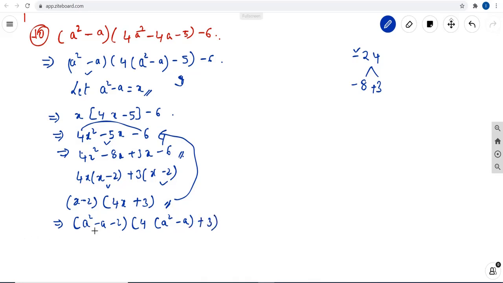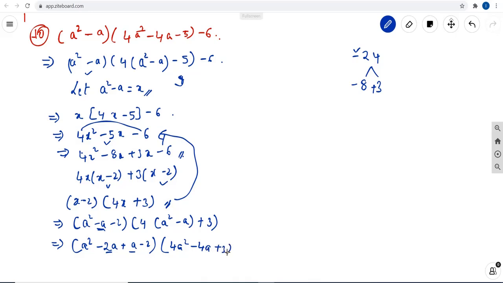Okay, so this minus a, how can I write it? So a square minus 2a plus a minus 2. Okay, because minus 2a and plus a, I'm going to get minus a only. Now this term I will multiply: 4a square minus 4a plus 3.